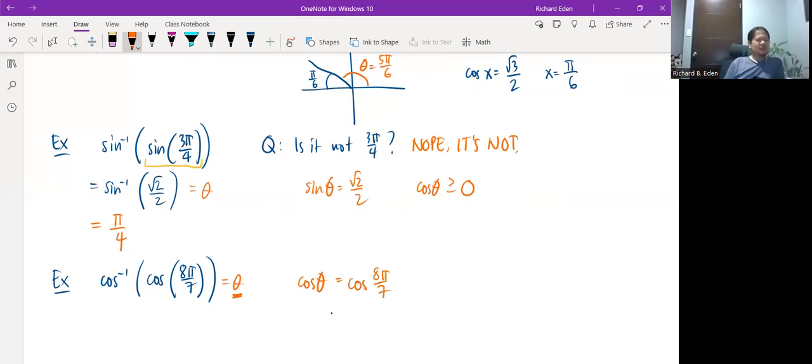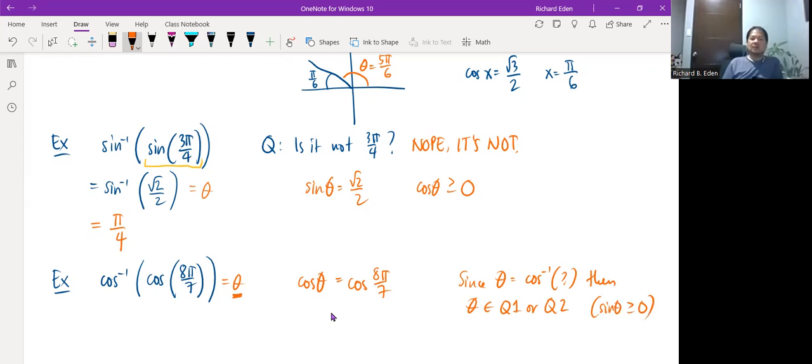Okay, since theta is a cosine inverse of something, then theta is in quadrants 1 or 2. All right? Because sine theta should be greater than or equal to 0.